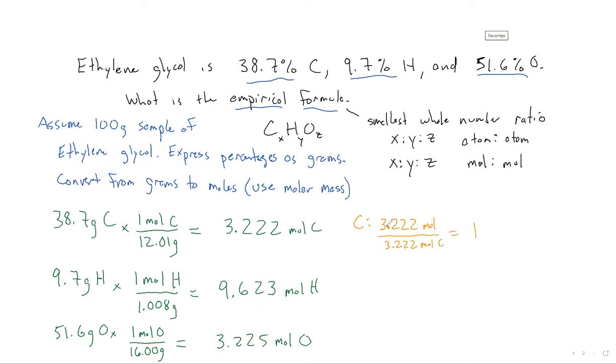That makes sense, yeah? So that's the smallest whole number ratio of carbon. Carbon is going to be our smallest one. All right, so what about hydrogen? For hydrogen, 9.623 moles of hydrogen divided by 3.222 moles of carbon. Put that in your calculator.